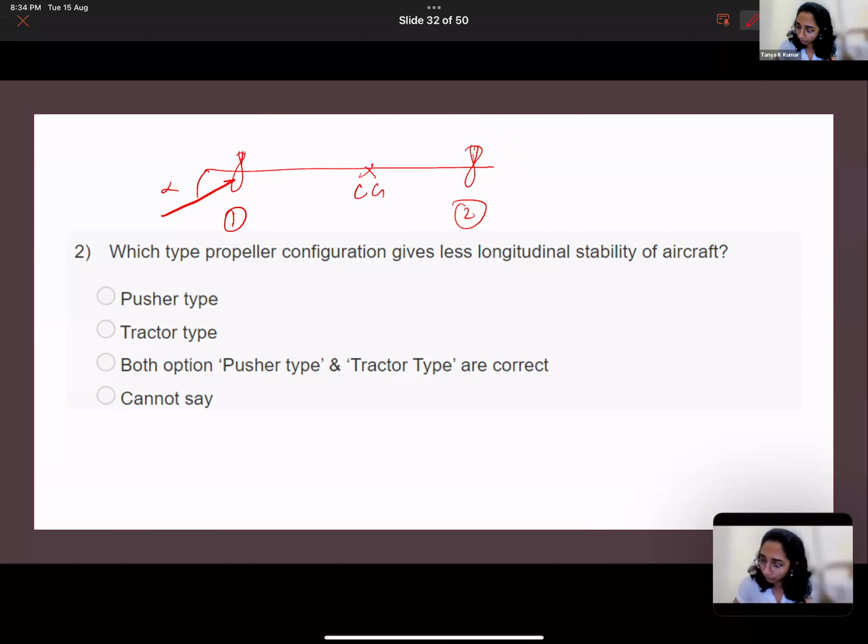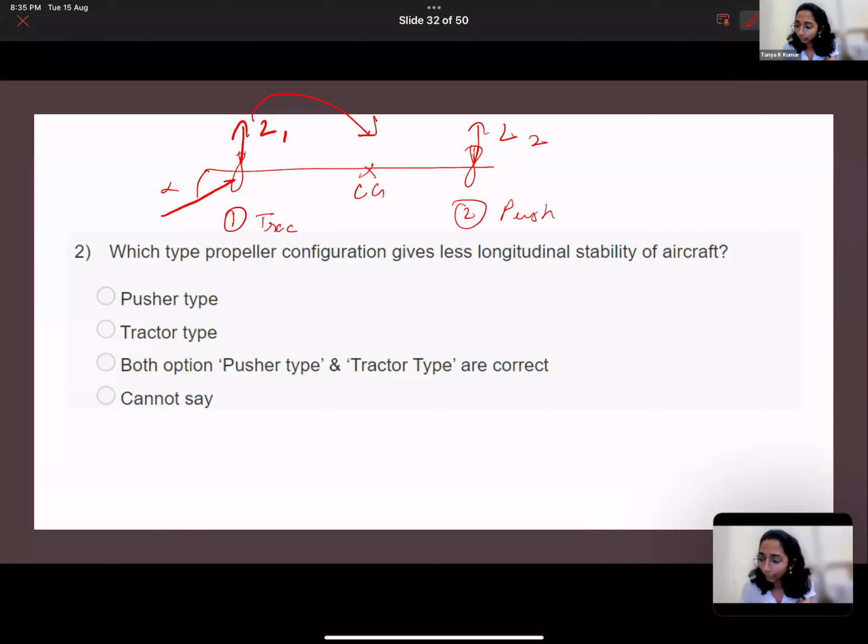So one is tractor and this is pusher. There is a lift produced here and there is a lift produced here. This is L1, this is L2. L1 produces pitch up at CG or pitch down at CG? What kind of moment is produced at CG? At least tell me clockwise or counterclockwise. Pitch up, perfect, yes. So it produces pitch up, positive moment, which is not a restoring moment.